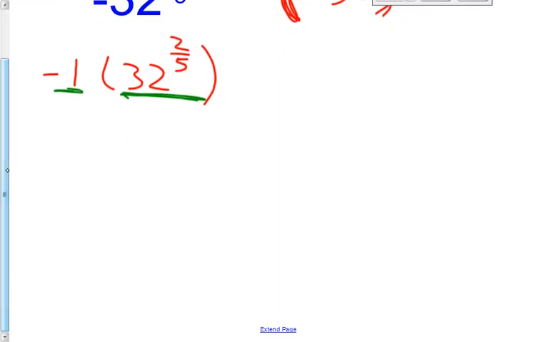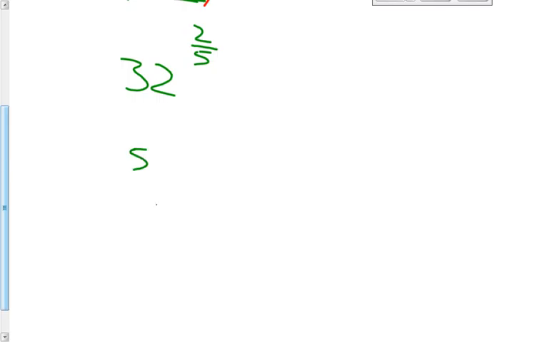So 32 raised to the 2/5. Let's change this into radical form. So radical form would be the 5th root of 32 squared. Now class, as we've seen in previous examples, is there such a thing as the 5th root of 32?